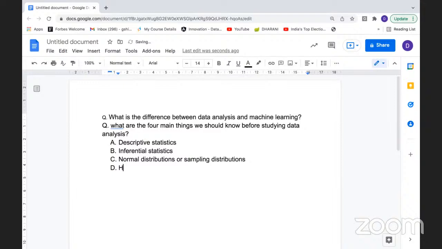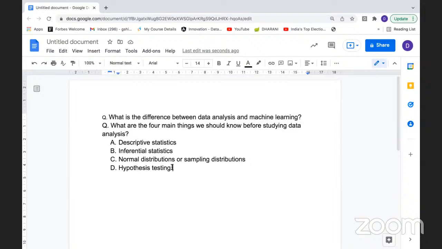Right? Finally, we should have the knowledge of hypothesis testing. Right? So definitely we all should understand the difference between descriptive statistics and inferential statistics.